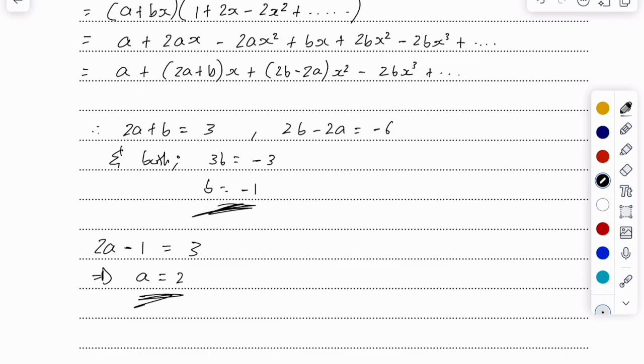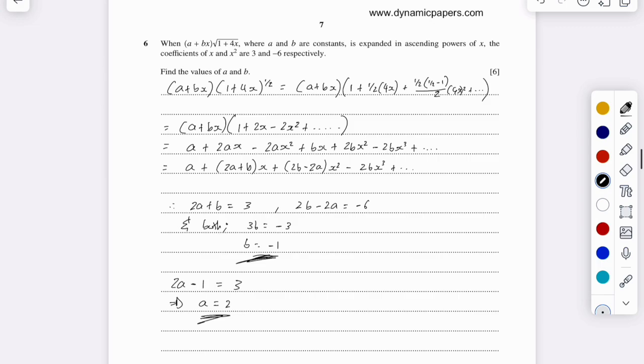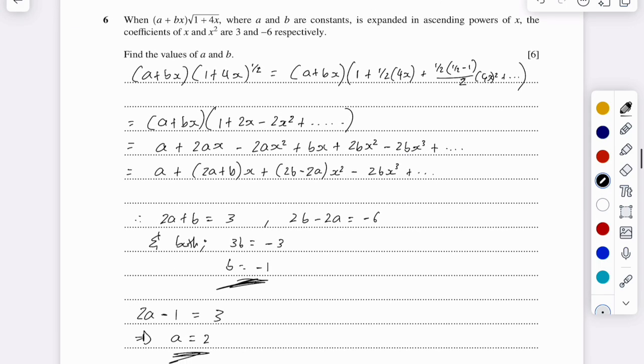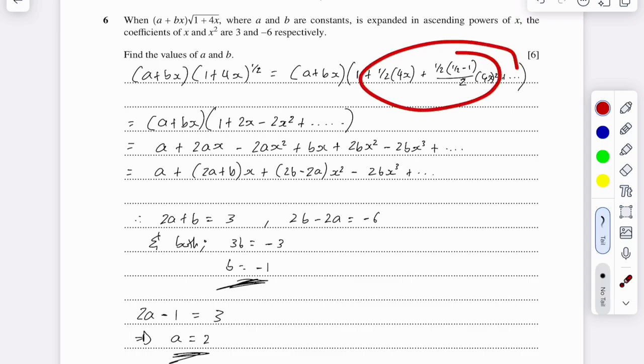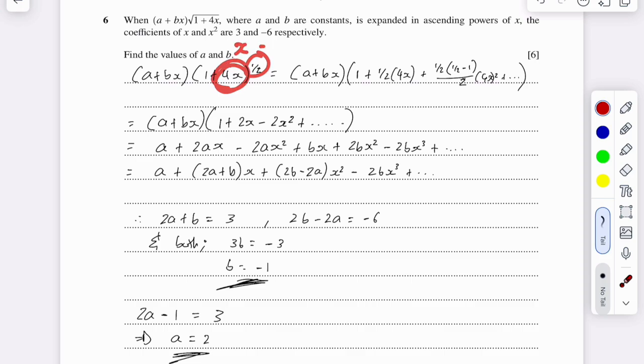So this is just a classic example of, it's not too difficult, it's just a bit more time consuming. You just have to refer to the equation in your formula booklet, where we've got a plus bx times 1 plus nx, where this is our value of x according to the formula.